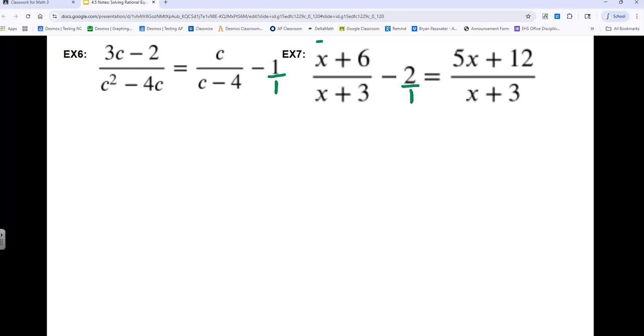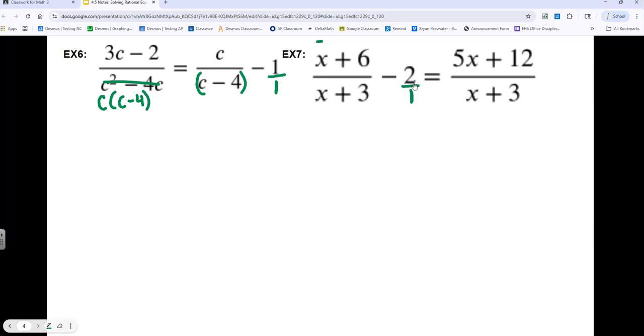Is it an X method or is it a GCF? It's a GCF. What could I take out? A C. So I'm going to take out a C, and I'll have a C minus 4. Like that. So this is C times C minus 4. Right here I've got C minus 4. Right here I got nothing but a 1.